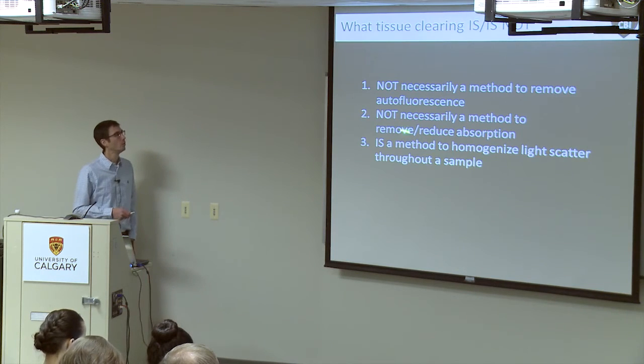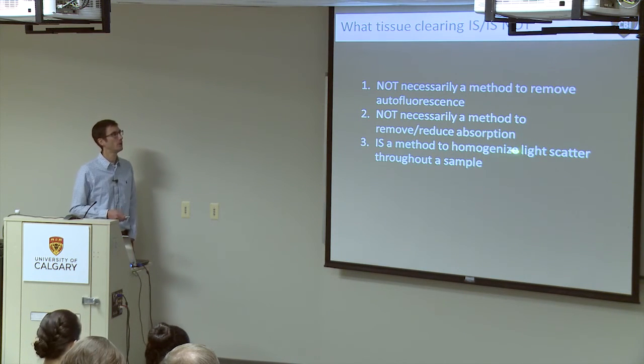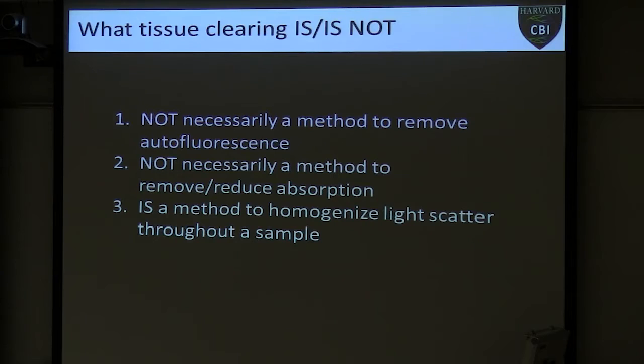What it is, is a method to homogenize light scatter throughout a sample. We often talk about biological tissue being scattering. The truth is that everything scatters light. Whenever light hits matter, it scatters. The difference between a glass of water and a glass of milk is how homogeneous that light scatter is.